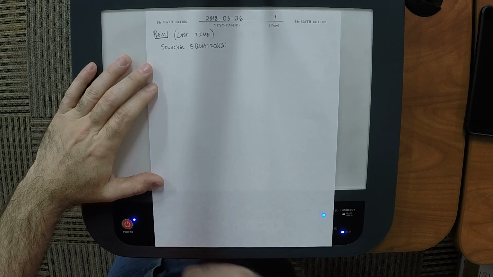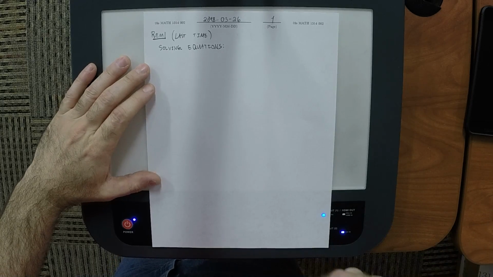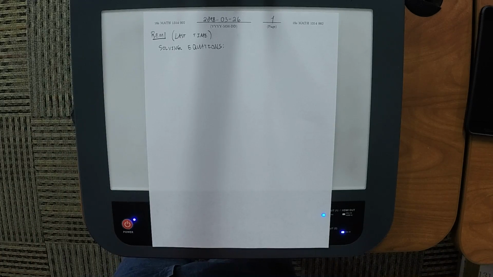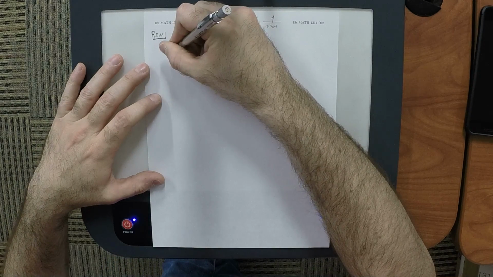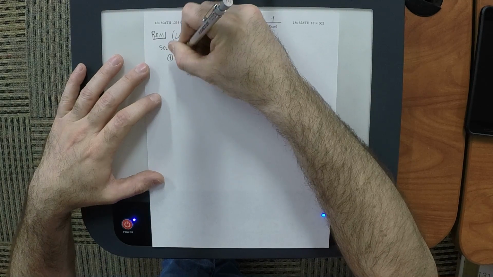So in particular, when you are solving interesting equations, that is more or less to say almost any equation except for the simplest possible kind, the very first thing you need to do is calculate the natural domain of the equation.